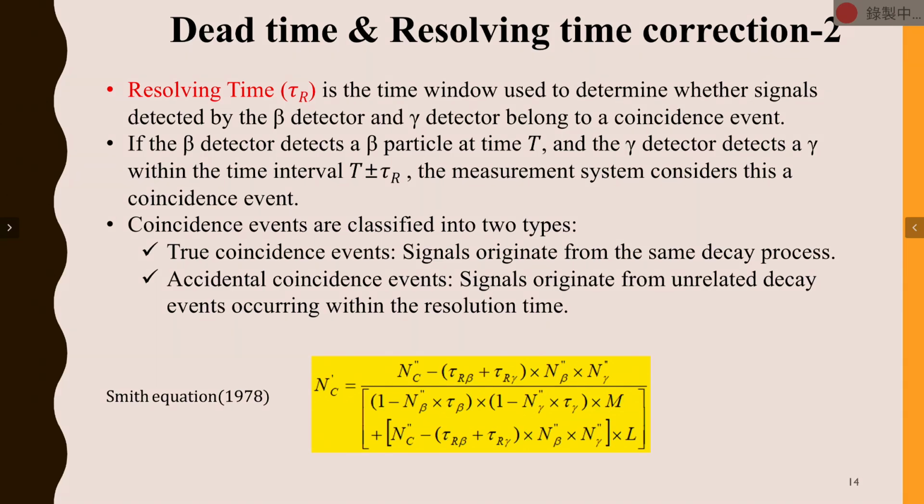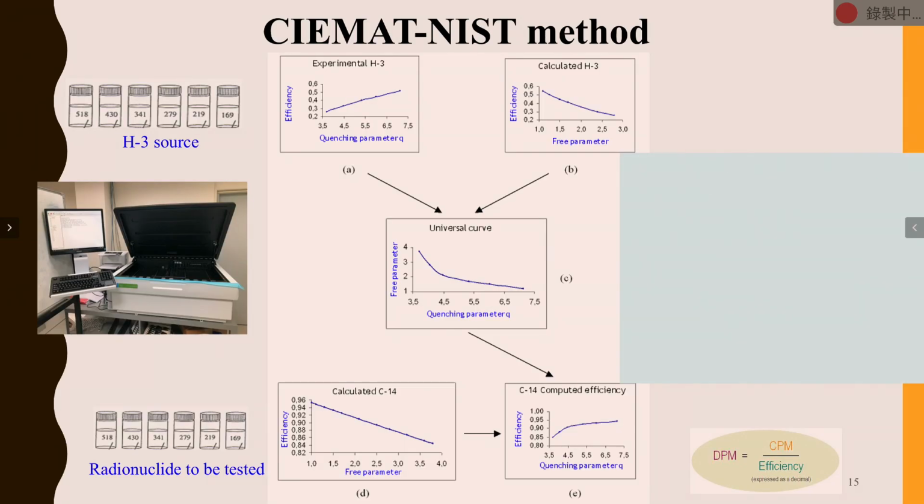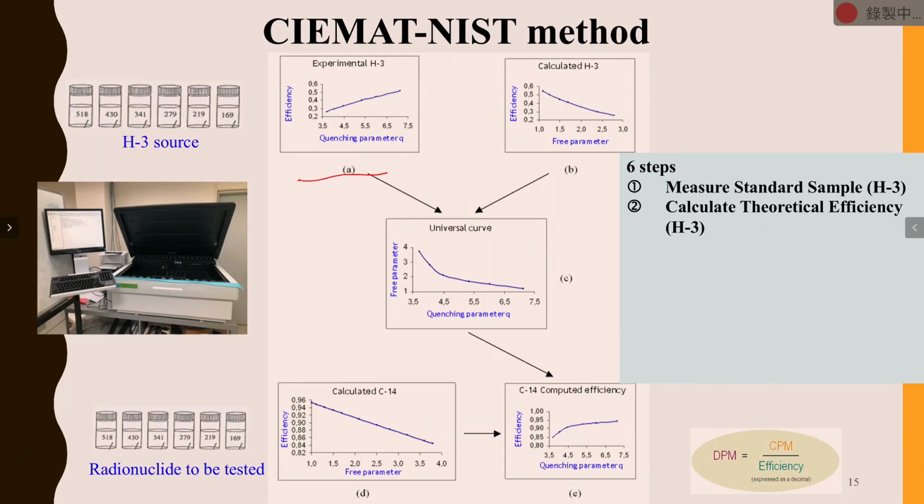And next, let's talk about what the CIEMAT/NIST method is. It has 6 steps. One is to measure the standard sample here. We measure a standard tritium sample under various quenching conditions to determine its detection efficiency against a measurable quenching parameter. And two, the theoretical efficiency for tritium under ideal conditions is calculated, establishing the relationship, and we can get the efficiency and the free parameter relation.